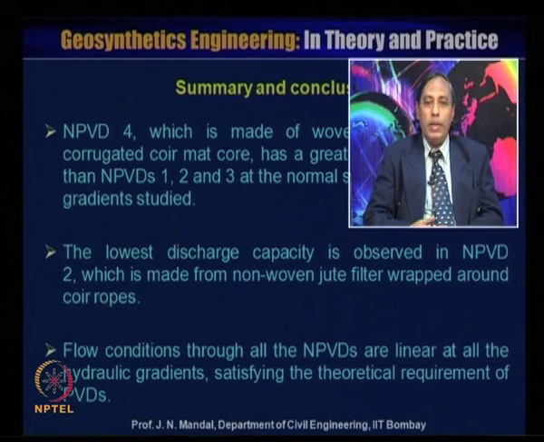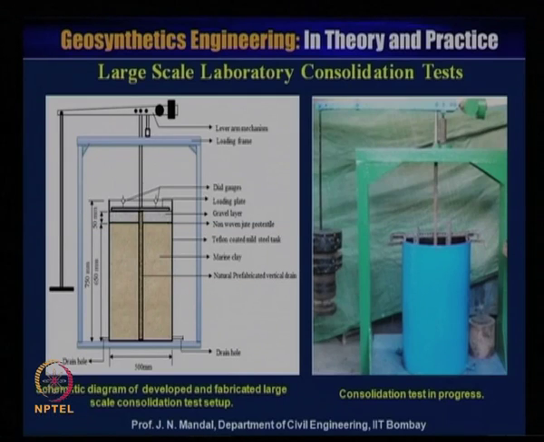The lowest discharge capacity is observed in natural prefabricated drain 2, which is made from non-woven jute filter wrapped around coir ropes. Flow conditions through all the natural prefabricated vertical drains are linear at all the hydraulic gradients, satisfying the theoretical requirement for prefabricated vertical drain.